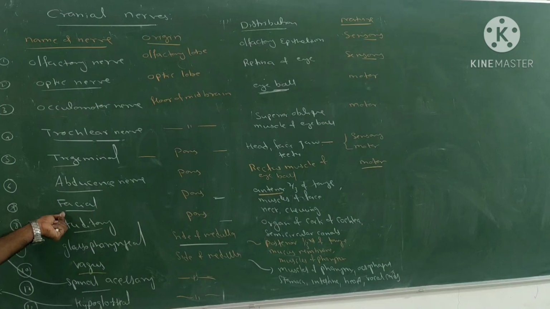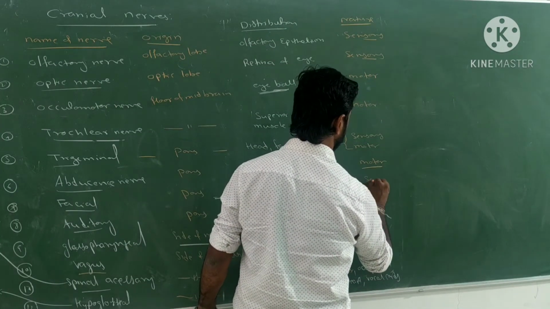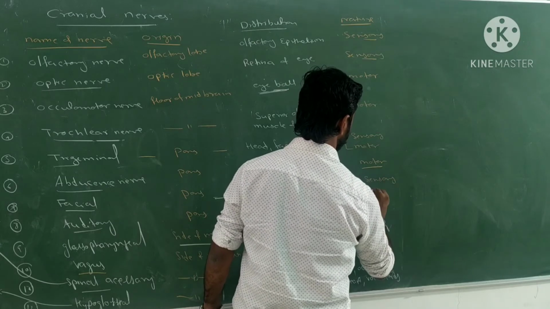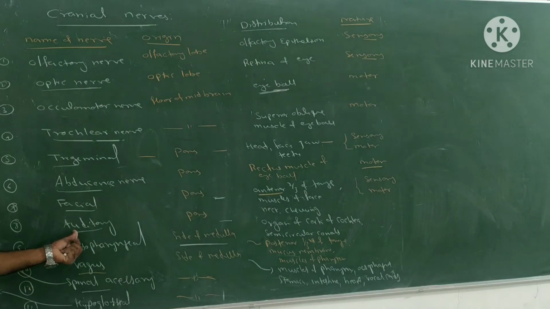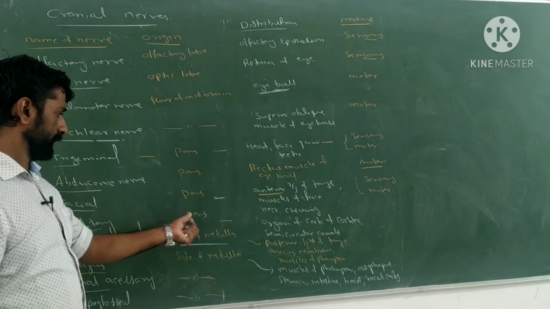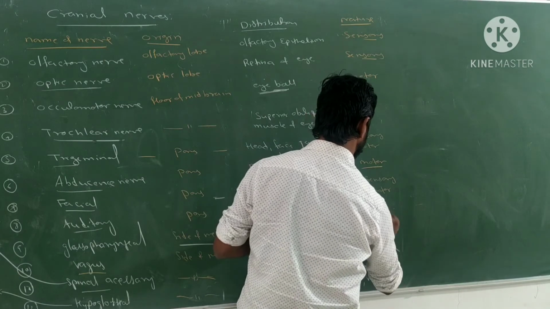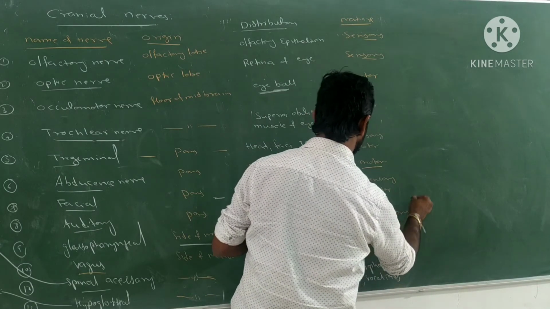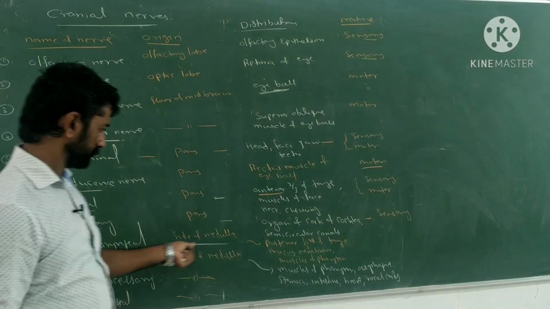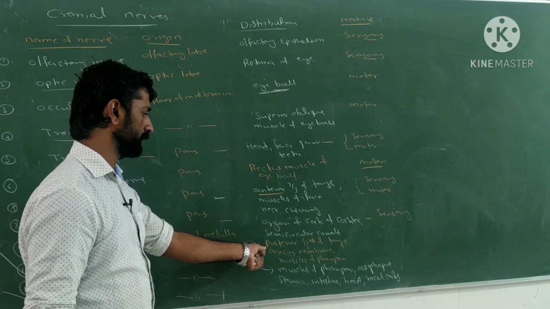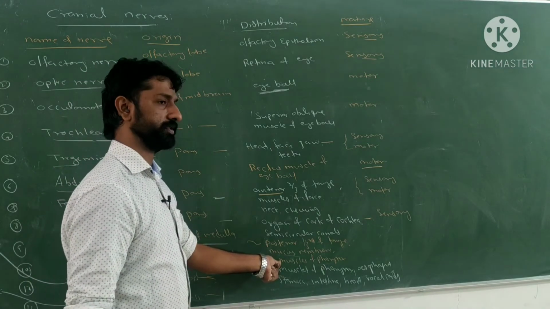Next, what about facial? Motor as well as sensory. Next, what about auditory? Auditory, that is the organ of Corti. So these are sensory in function. Glossopharyngeal, which is present in the posterior 1/3 of the tongue, and then the mucous membrane and muscle of the pharynx.